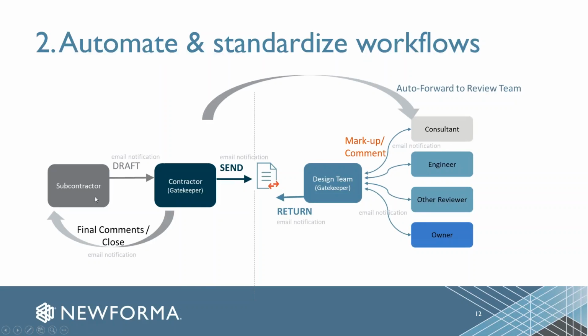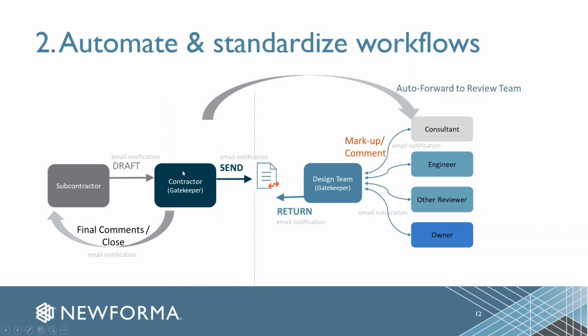So the subcontractor can now come in, upload their information for the submittal or RFI into ConstructX, and as soon as they pick the GC, they send it off to them. The GC gets an email notification. They can either jump in from that email notification directly and work on the item, or they can come in, and I'll show you in ConstructX, come into some logs and some other ways to get to that. But then that process keeps going.